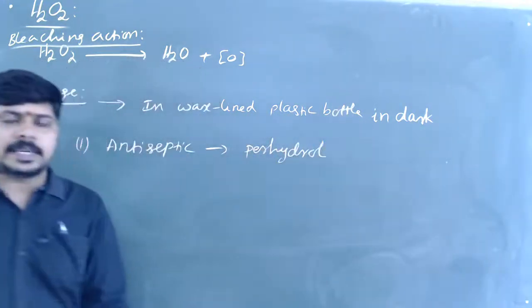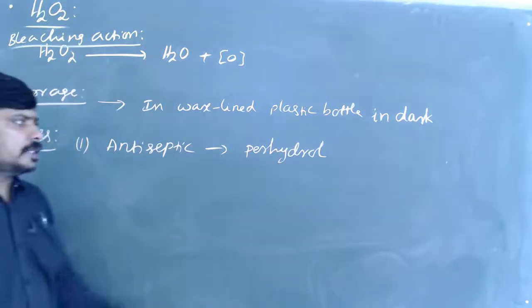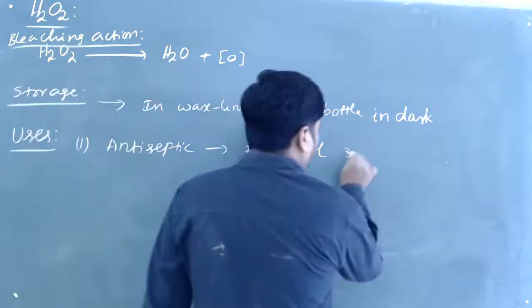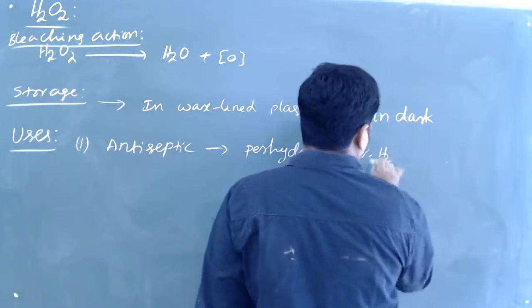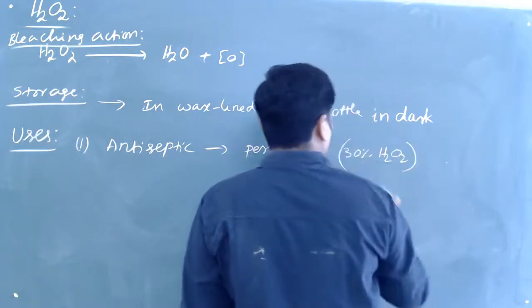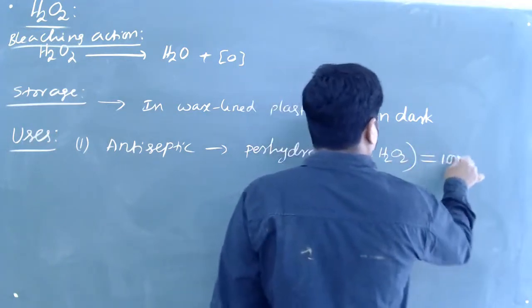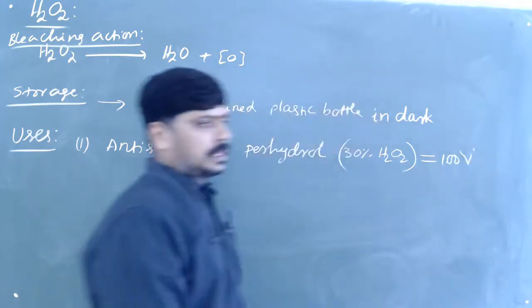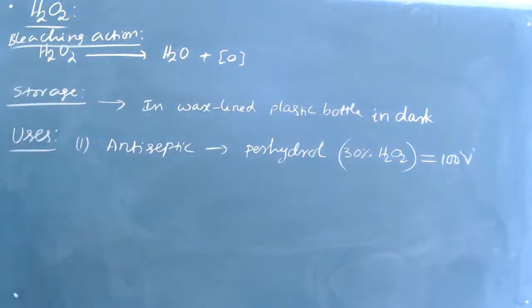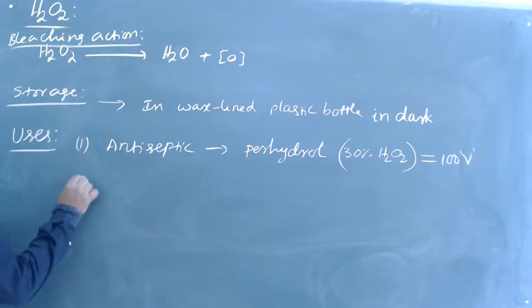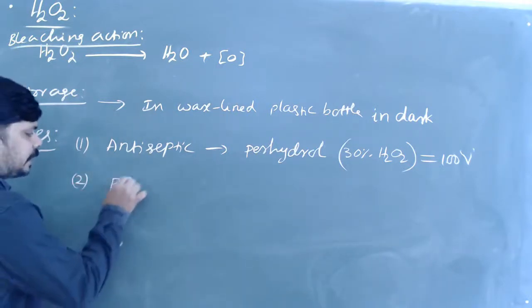It is used as a mild disinfectant. Perhydrol is nothing but 30% H2O2, which is called 100 volume strength. Under the name perhydrol, it is used as an antiseptic, and it is used as a bleaching agent.